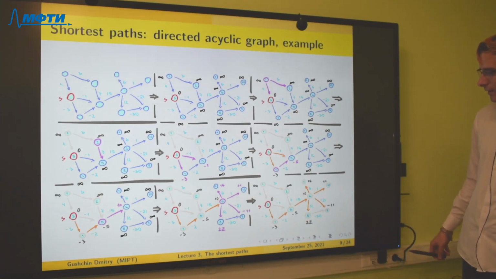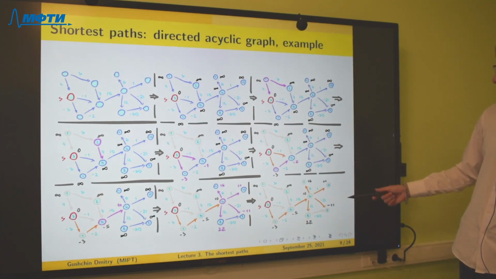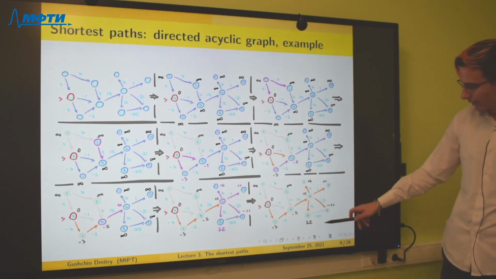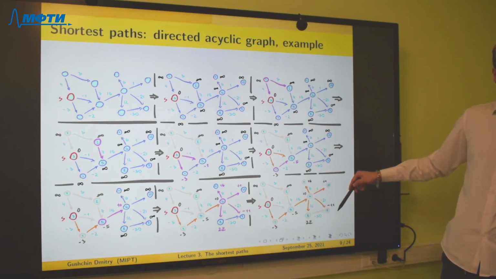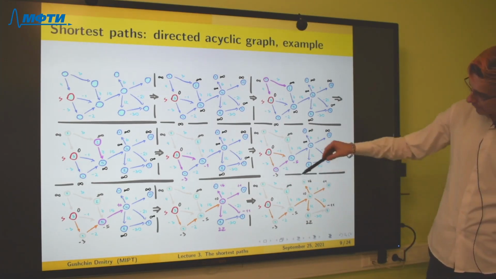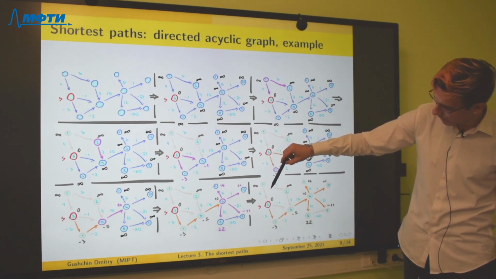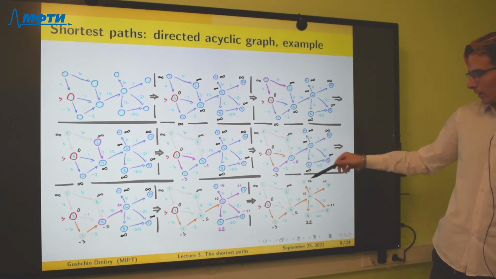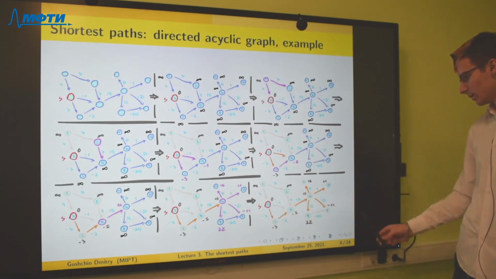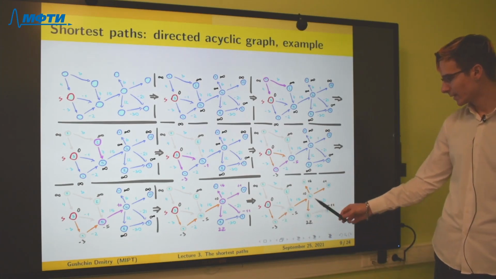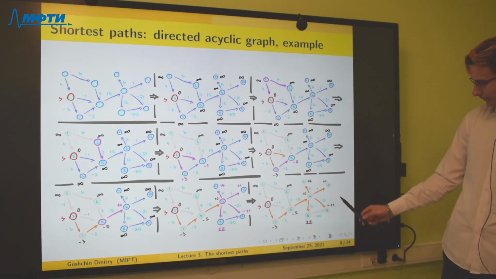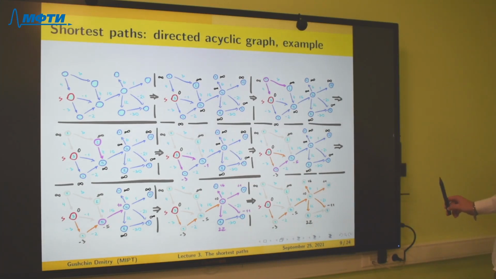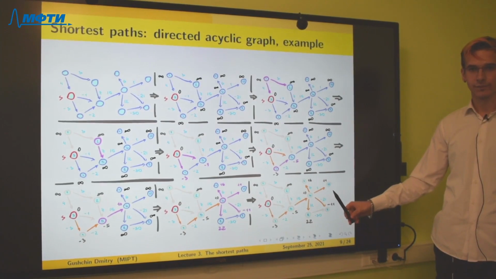So at the end of our algorithm, we get this array of distances, and we see that we have no paths between S and the first and second vertices, and we have paths between the source and the other vertices, and we now know the distance, the weight of it.